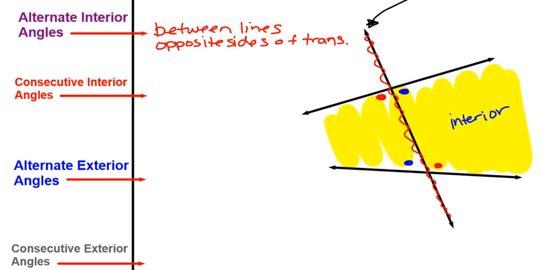So let's number our angles here. 1, 2, 3, 4, 5, 6, 7, 8. Get yours all numbered the same way, and then we will label these. My alternate interior angles are angle 3 and angle 6, or angle 4 and angle 5.